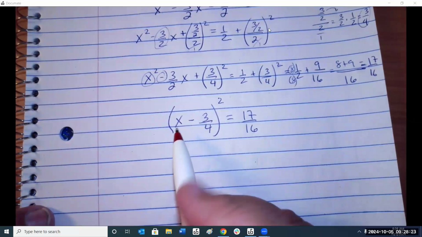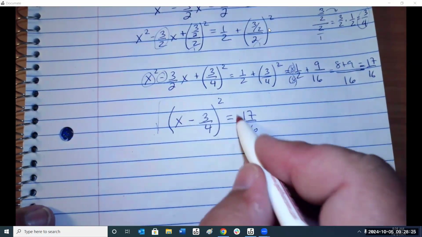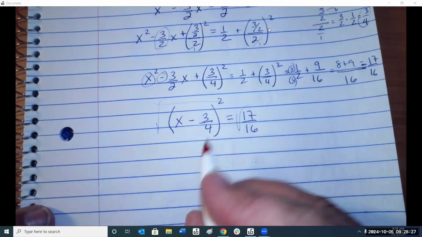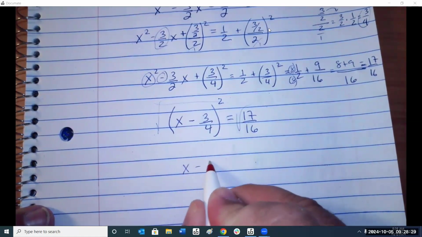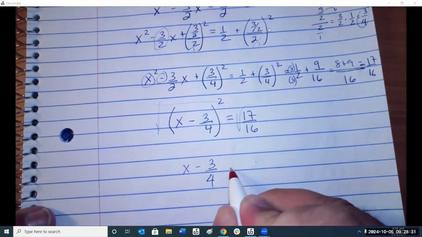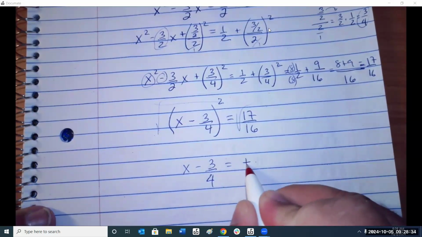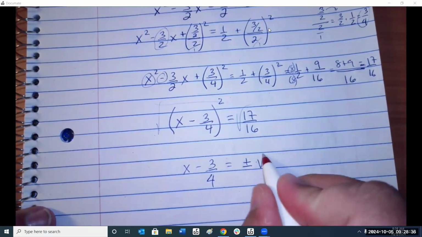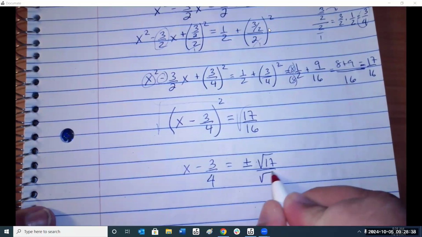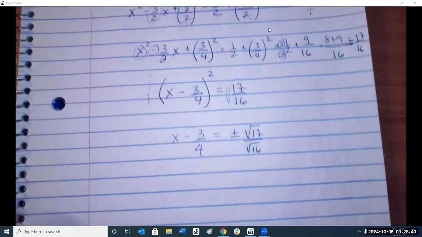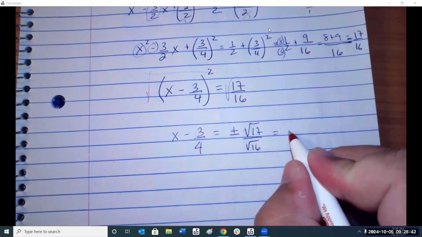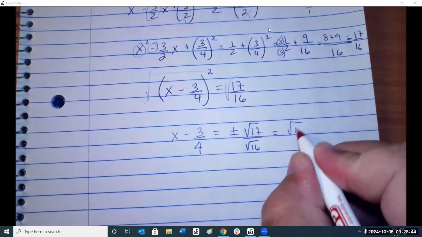We're trying to get to x, so we square root both sides. So the square root and the square cancel. We have x minus 3/4 equals plus or minus square root of 17 over square root of 16, which becomes square root of 17 over 4.